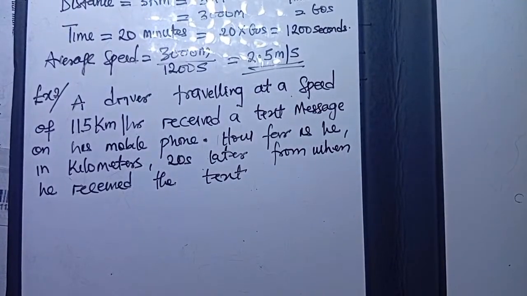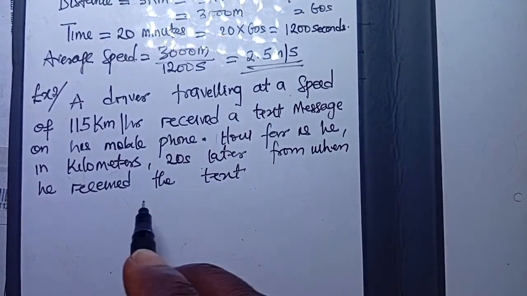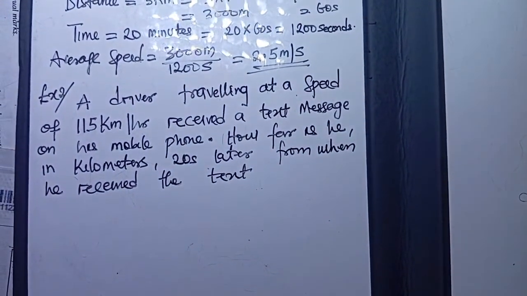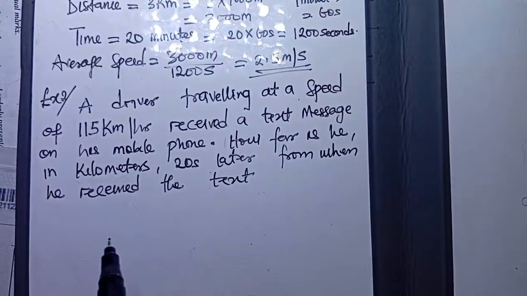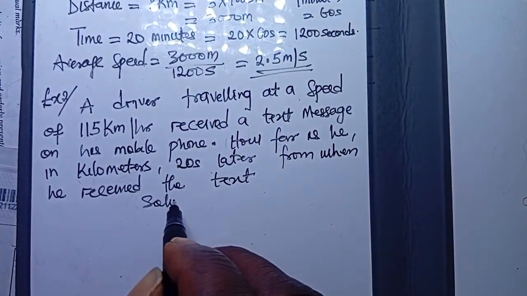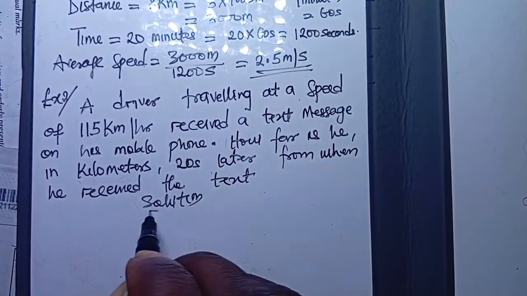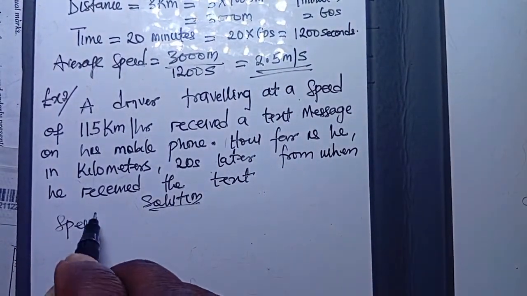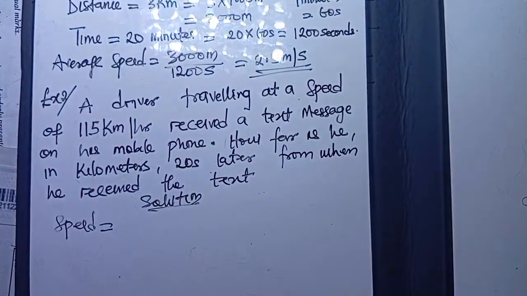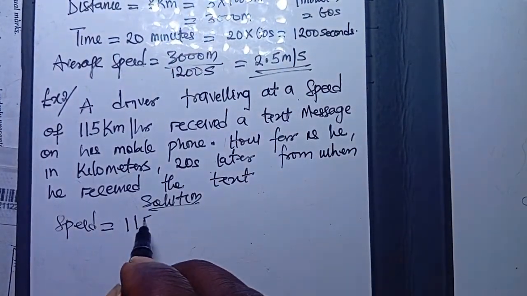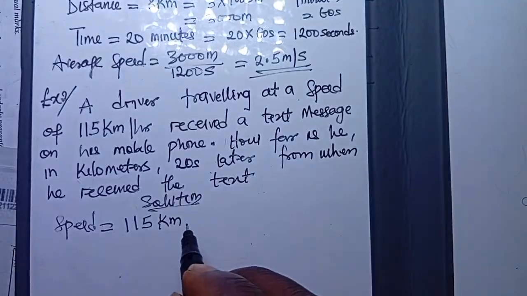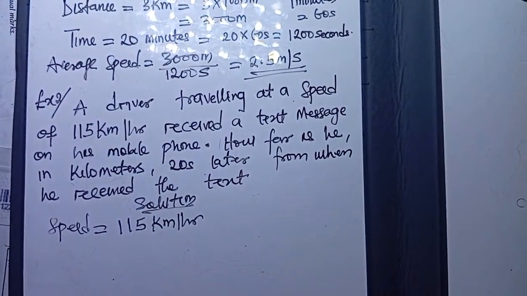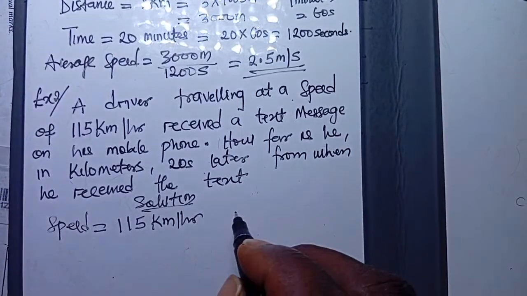So from this place, let's have our given values. From here, we're given the speed. We're given speed to be 115 kilometers per hour. We're also given time.